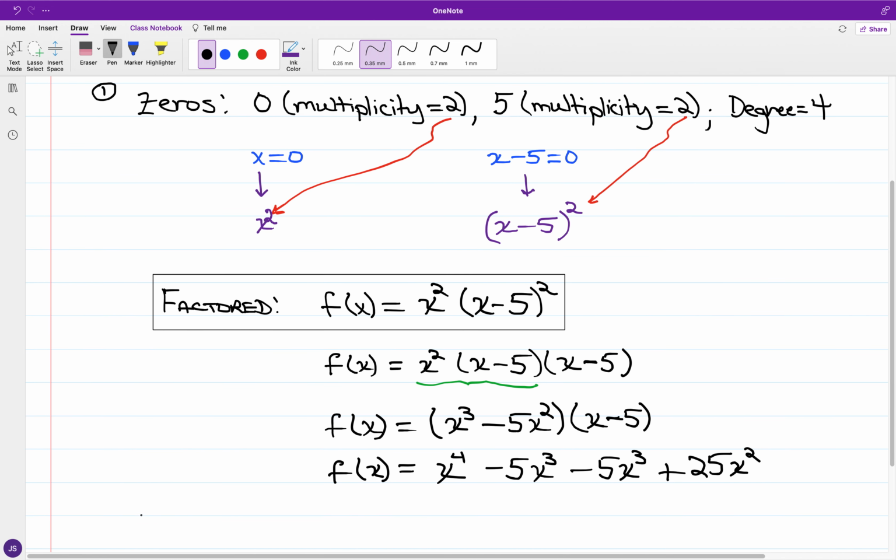Now for the expanded form, f of x is equal to x to the fourth. Combining the middle two terms, we have negative 10x cubed, followed by the addition of 25x squared.